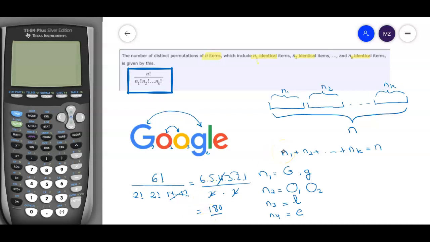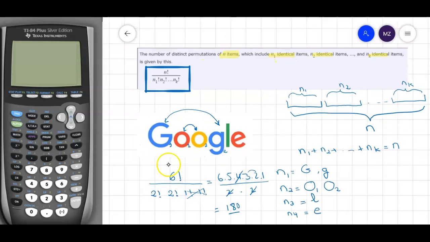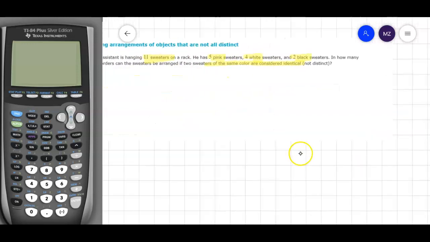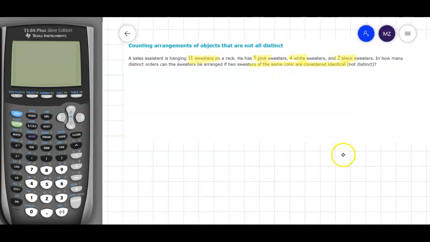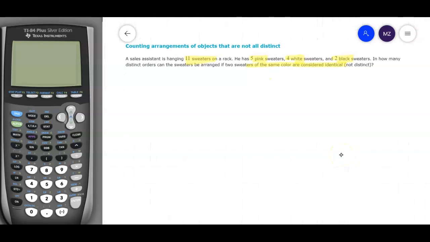So now I think we are ready to go back to the problem. And if we apply here, we can consider N1 equals 5, the 5 pink sweaters. N2 here is going to be 4, the white sweaters. And N3 is going to be 2, the black sweaters, right?